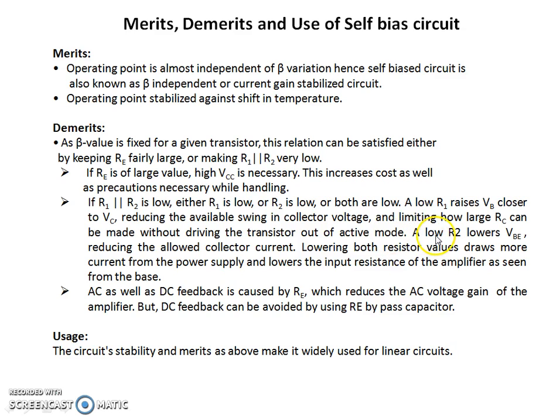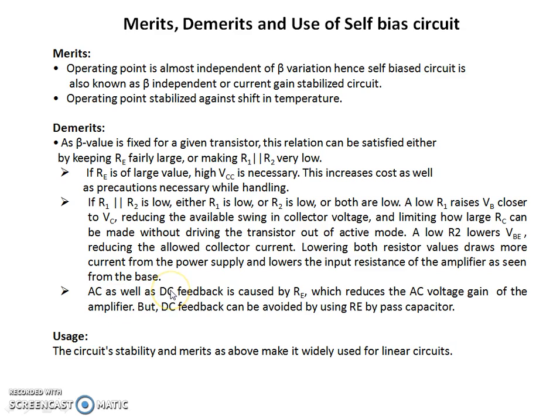A low R2 lowers VBE, reducing the allowed collector current. Lowering both resistor values draws more current from the power supply and lowers the input resistance of the amplifier as seen from the base.